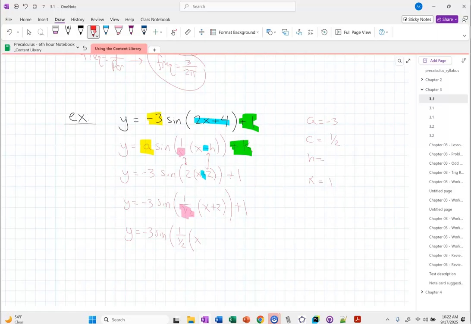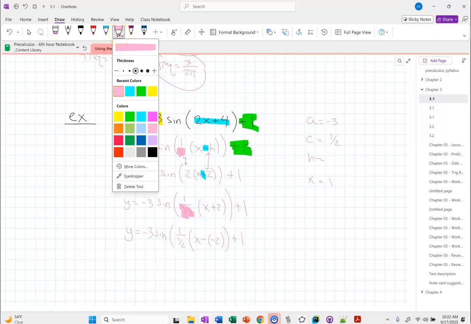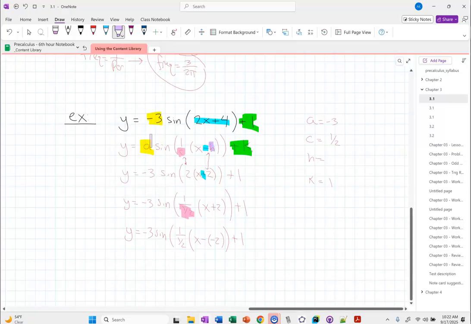So we need a minus, but adding 2 is the same thing as subtracting negative 2, right? So that's the trick. And then we can see that the h has to be negative 2.